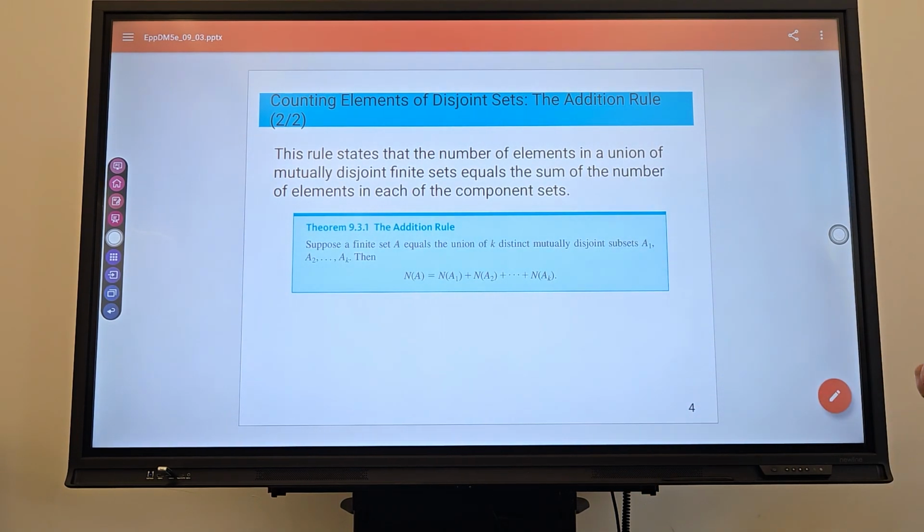This rule states that the number of elements in a union of mutually disjoint finite sets is equal to the sum of the number of elements in each of the component sets.